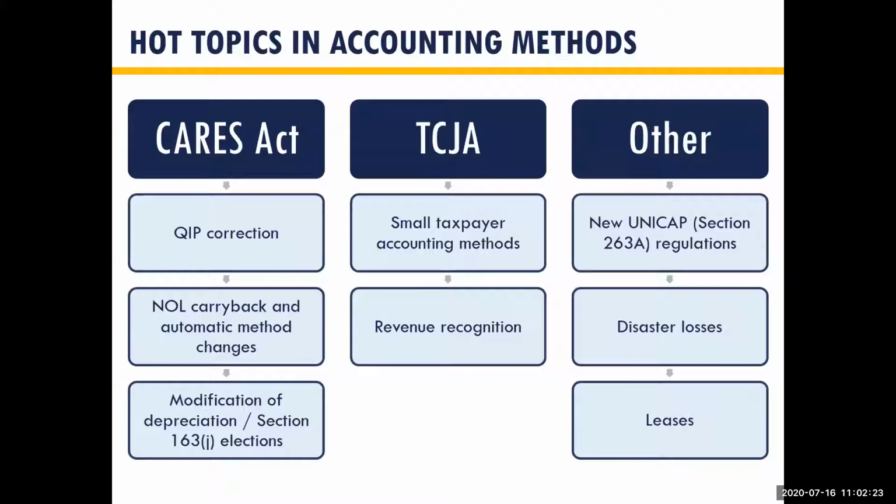And then the UNICAP regulations under 263A for the negative additional costs. Disaster losses is an area people are starting to take a look at in light of the COVID activities that are going on right now. And then if we have time at the end, we'll wrap up with a brief discussion on the new GAAP and tax leasing considerations we should be looking at.